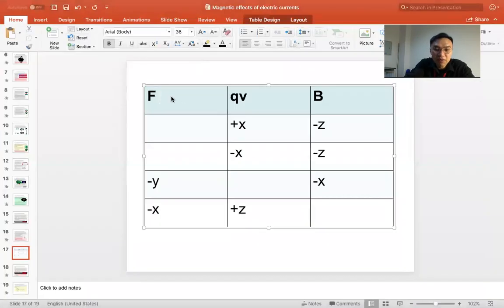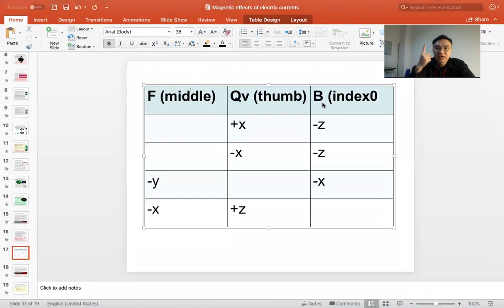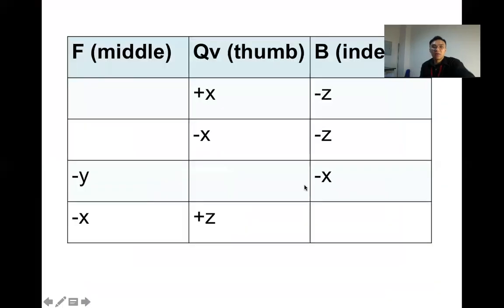This is going to be my middle finger, this is my thumb, and this is my index finger. So here, I'm going to have positive X, and this is going to be negative Z. Negative Z is into the page.